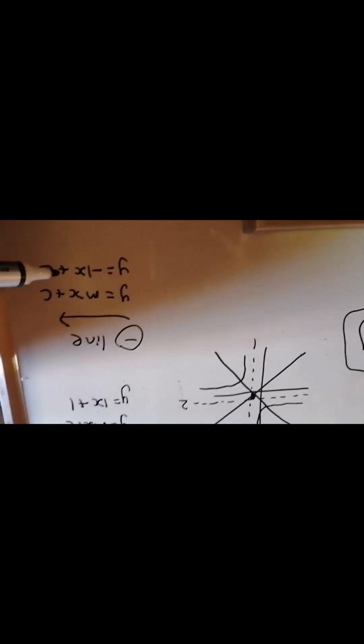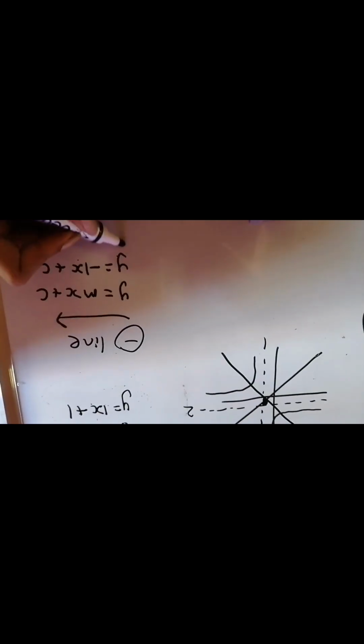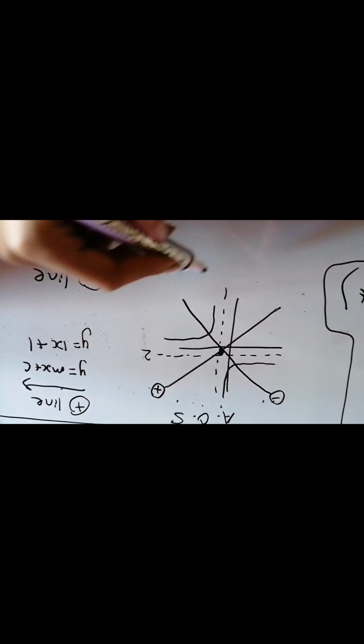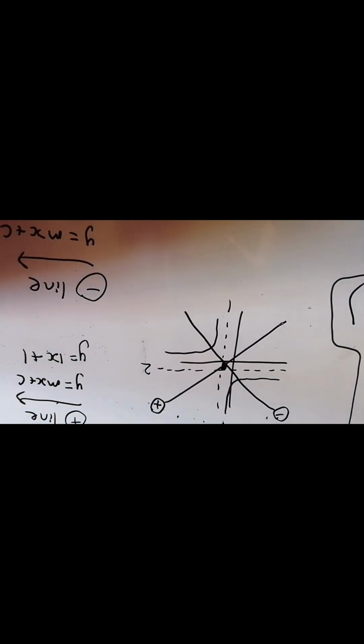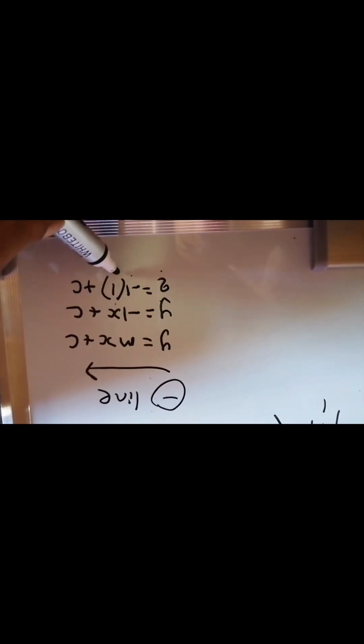How are we going to get the negative one now? Same thing. To get your c value, you need to substitute your x and y asymptotes. So what was our y asymptote? It was 2. What is my x asymptote? It was 1. So my y asymptote was 2. Minus 1 was the gradient.